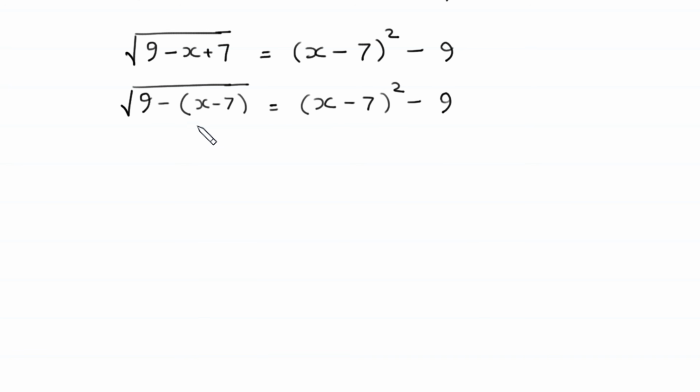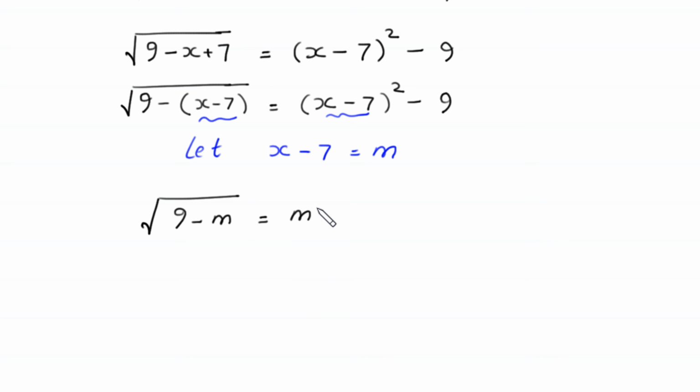Now here we have x minus 7 and here we have x minus 7, so we suppose that let x minus 7 is equal to m. So this equation will become square root of 9 minus m is equal to m squared minus 9.